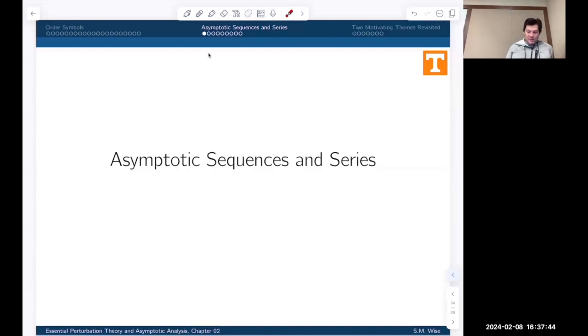So the question was, are big O-ness and little o-ness equivalence relations? Do they have the properties of symmetry, reflexivity, and transitivity? I don't think so. Small o should not be reflexive. It's definitely not symmetric.